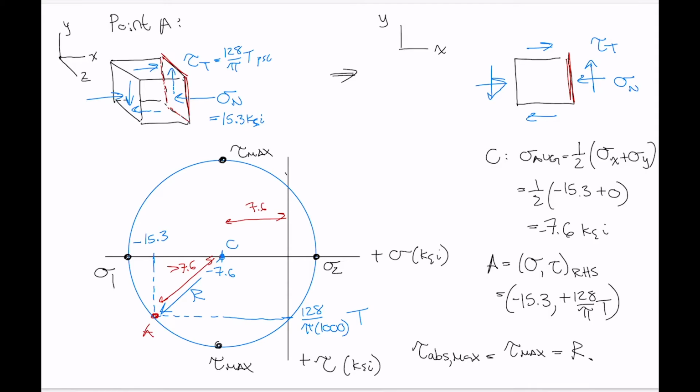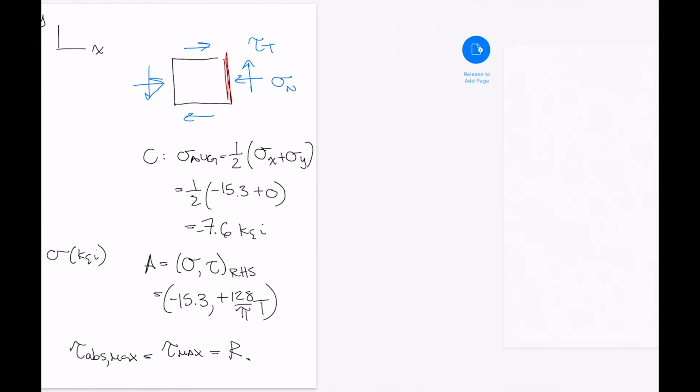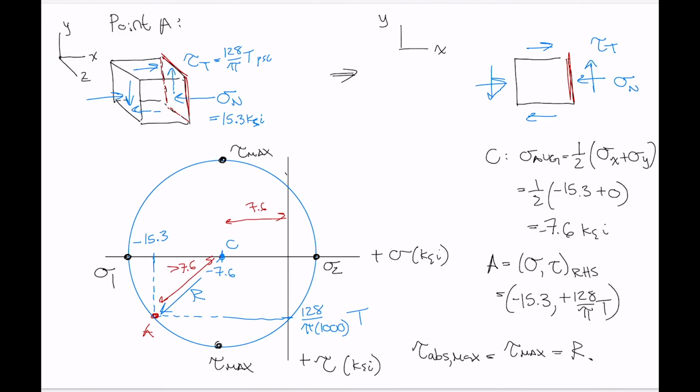Okay, so let's apply our failure theory now. We had tau abs max is equal to sigma y divided by 2 times the safety factor. The absolute maximum shear stress is equal to the maximum shear stress, which is equal to the radius of the circle.